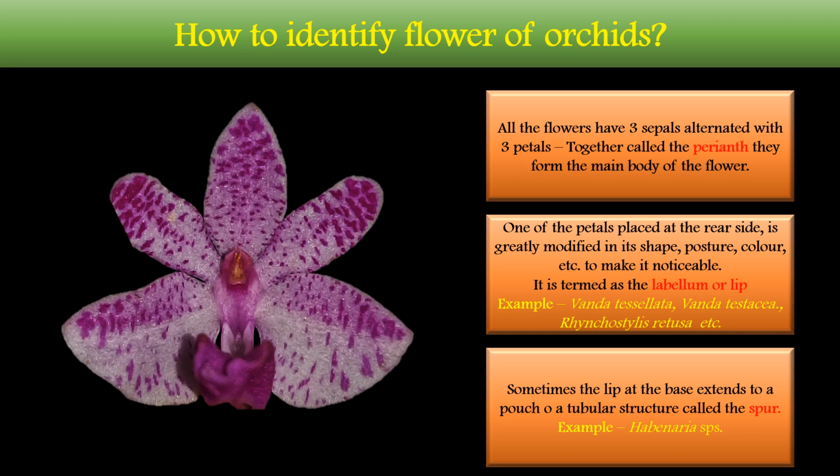For identification you have to look at the whole flower structure, like the lip, the sepals, the petals, and most importantly the color formation. Sometimes you can see Aerides multiflora and Rhynchostylis retusa. From a distance, with your naked eyes, you would say this is the foxtail orchid. But if you look closely at the flower structure and the pattern of the lip, they differ from one another.